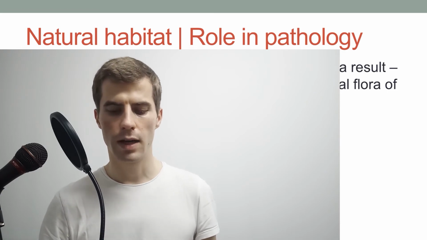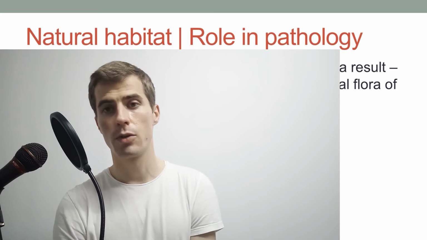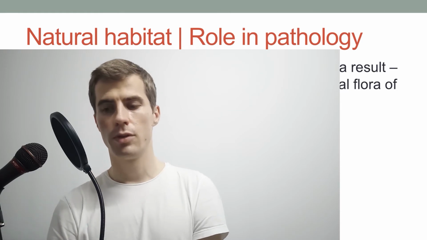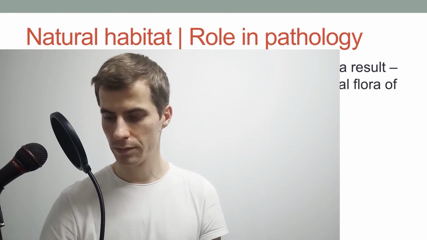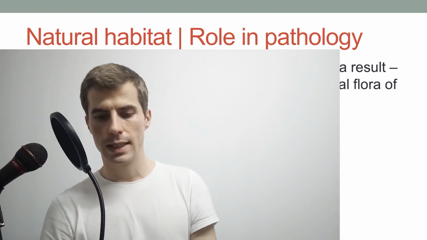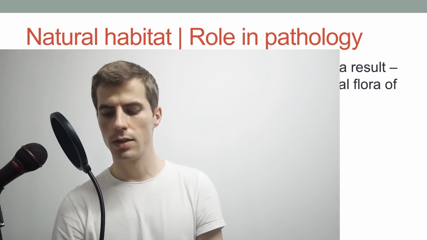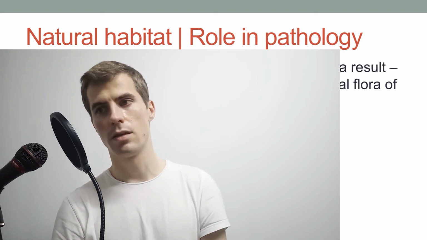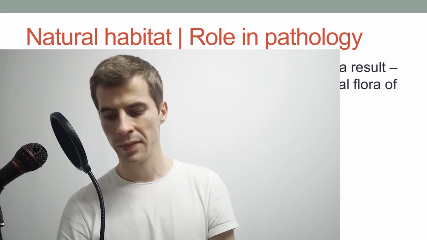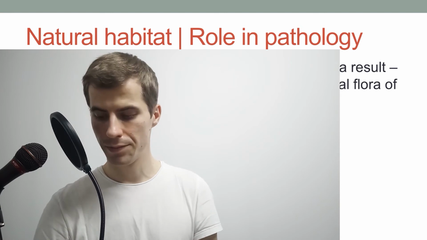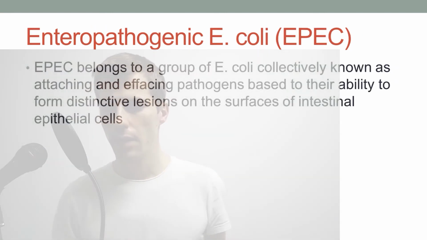Some genuses are normally found in the human intestinal tract, and some of them are normally found in animals. Which pathologies can they cause? They can cause intestinal infections, systemic infections, which means sepsis, and nosocomial infections, or healthcare associated infections.